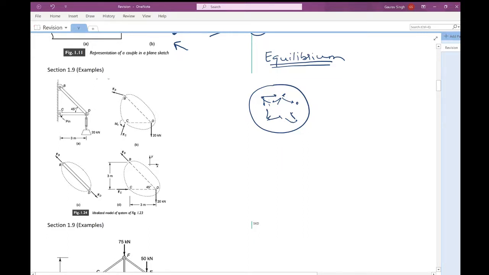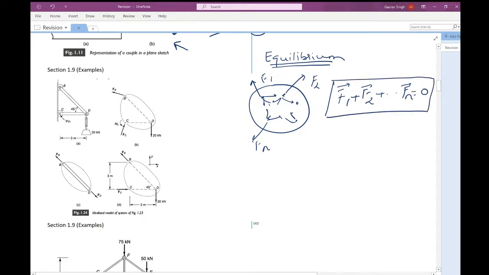The arrows which I show within the circle are all internal forces, but any force which I take out is an external force. And so on. So you say that if a set of particles is in equilibrium, the sum of the external forces must be zero. The internal forces don't matter over here. Okay, so if your system consisting of particles is in equilibrium, it means the sum of the external forces must be zero.